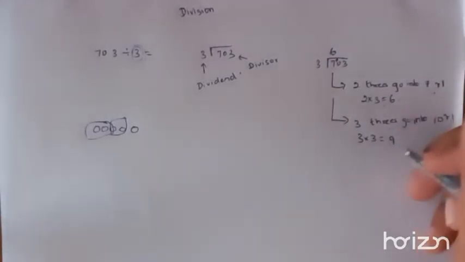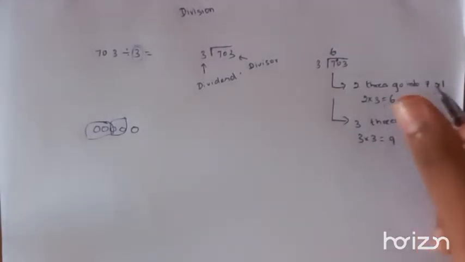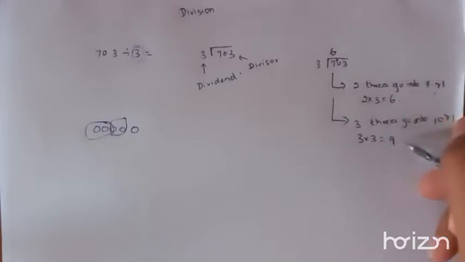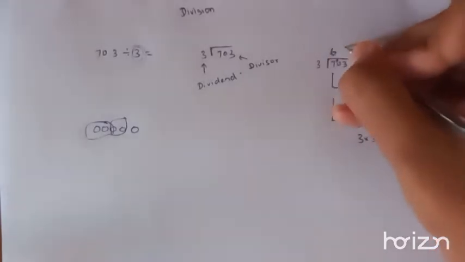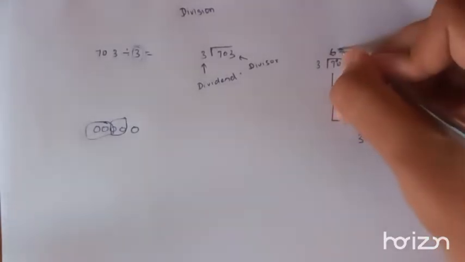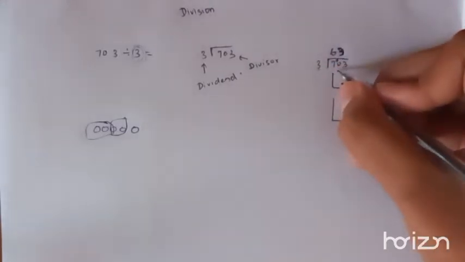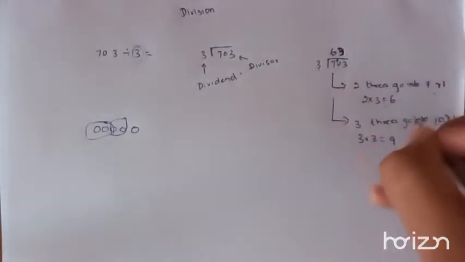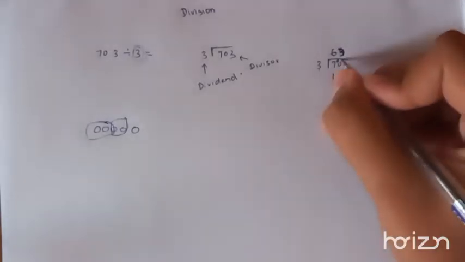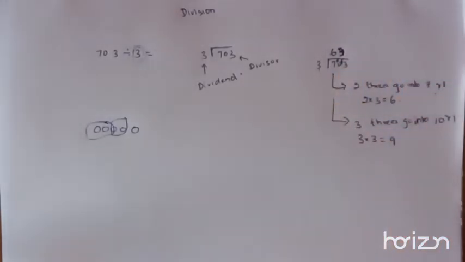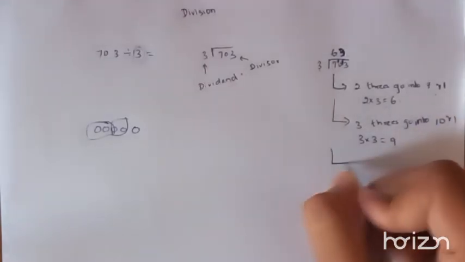Just like what we did before, we are going to put the number 3 over here. 3 times 3 is 9, but we have a 10 here, so we would have 1 remainder. That 1 remainder, we're going to move to the next column and make it a 13.